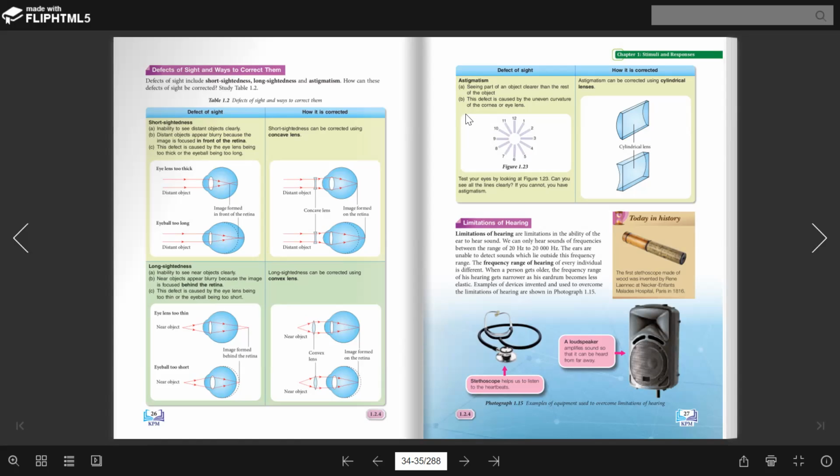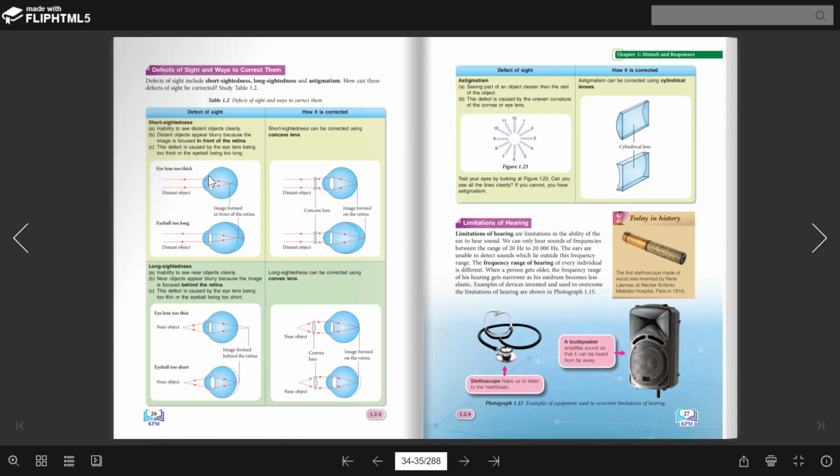The next one is astigmatism. Astigmatism is seeing part of an object clearer than the rest of the object. For example, if you focus at the middle, the rest of the image you will find blurry, because you focus on that particular area only. This defect is caused by uneven cornea of the eyes.